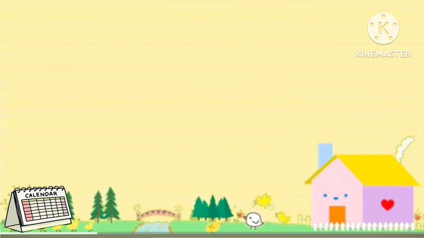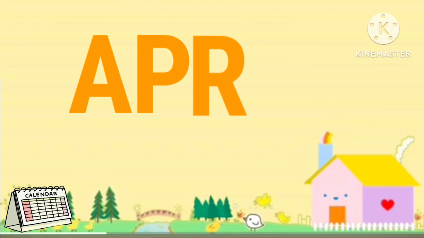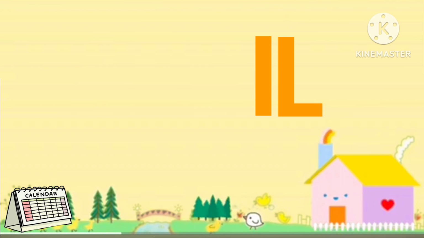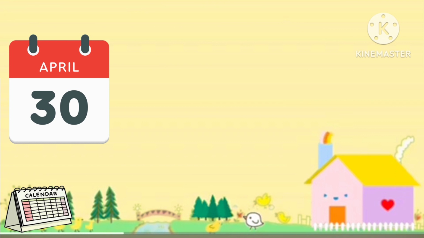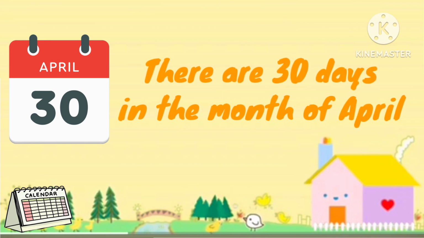Next month is April. A P R I L. April. April is the fourth month of the year. So, kids, remember, there are 30 days in the month of April.